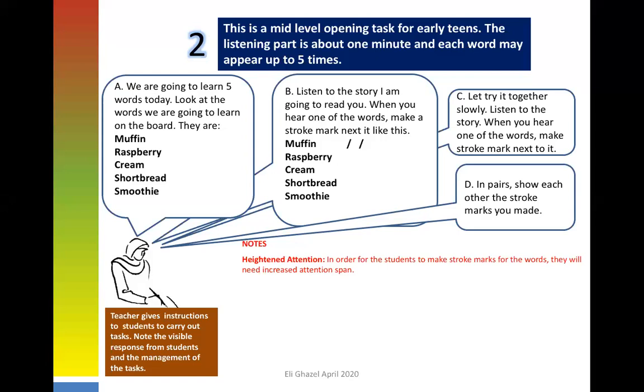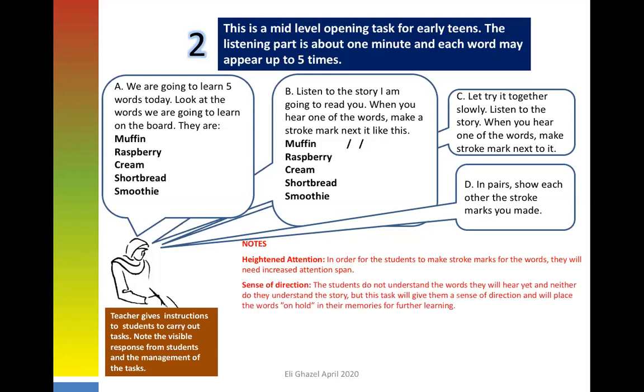If you're going to hear a story and make stroke marks next to each word, then your attention span will increase automatically. If you know that, let's say each word you gave 2 to 3 stroke marks, and you know these words are going to appear so many times in the story that you're going to listen to or read, it gives a sense of direction that you're going to be learning these words.